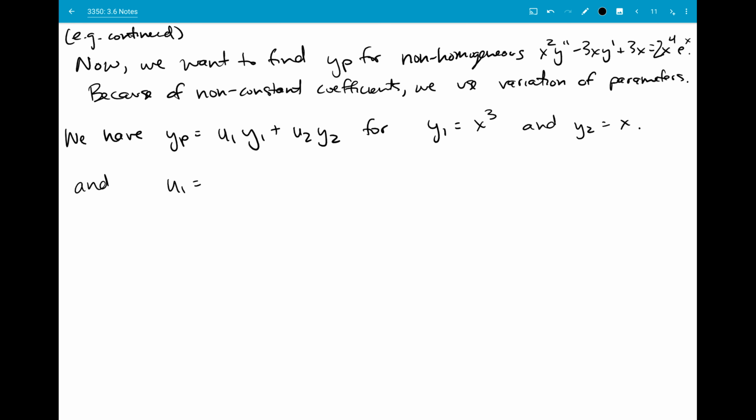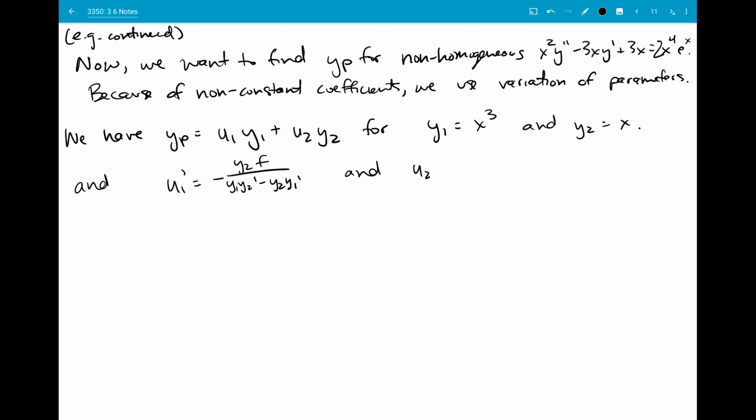So u1 prime is given by a negative sign out front, y2 times f over our general Wronskian, y1 y2 prime minus y2 y1 prime. Sorry, that's u1 prime.